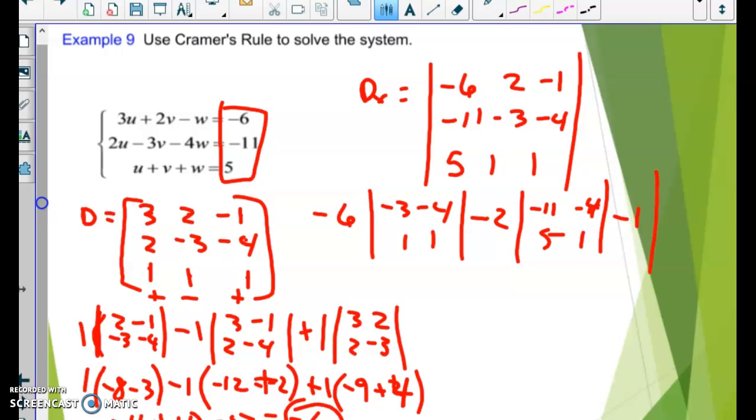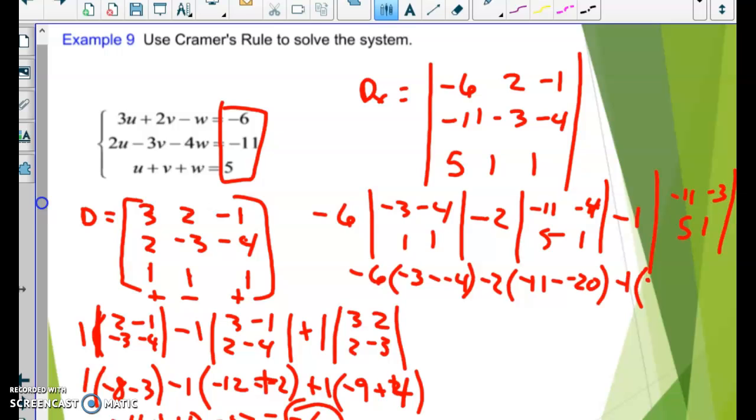And we're expanding about that, which gives me negative 11, negative 3, 5, 1. And if I go negative 6 times the quantity negative 3 minus negative 4, negative 2 times the quantity negative 11 minus 20, negative 20, and negative 1 times the quantity negative 11 minus negative 15.